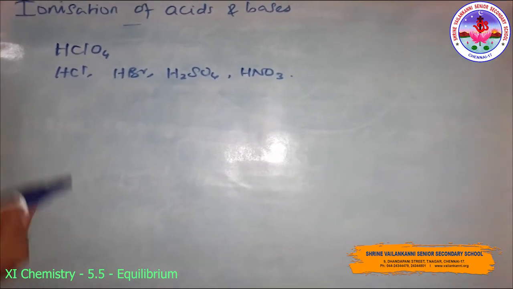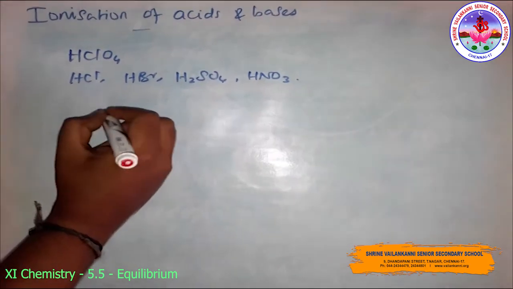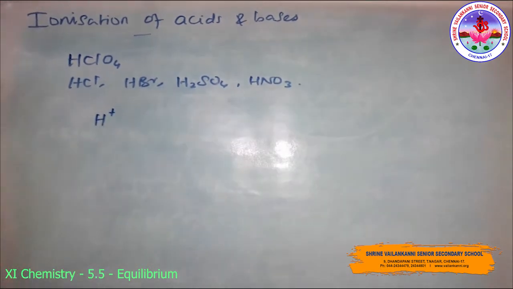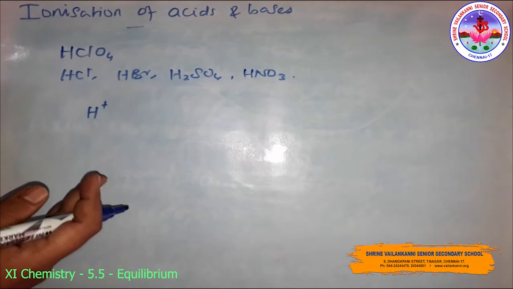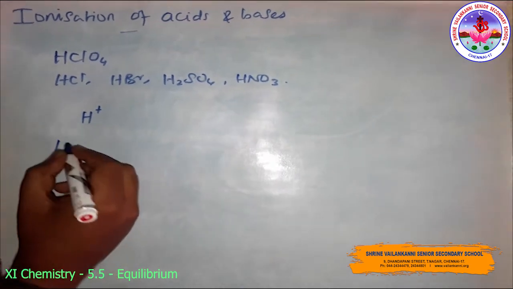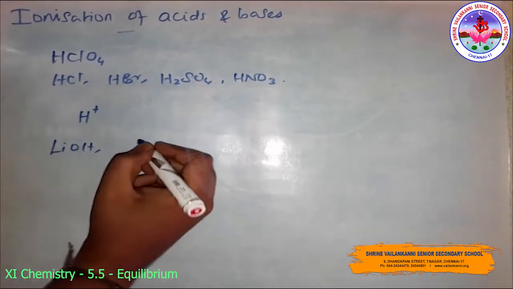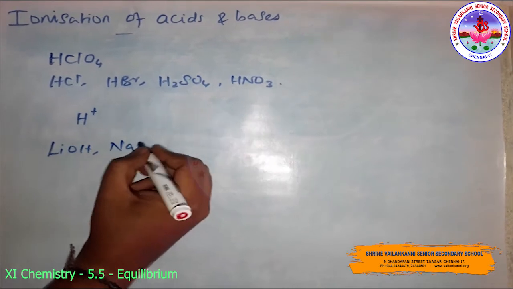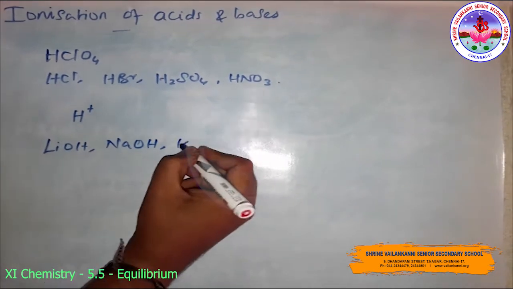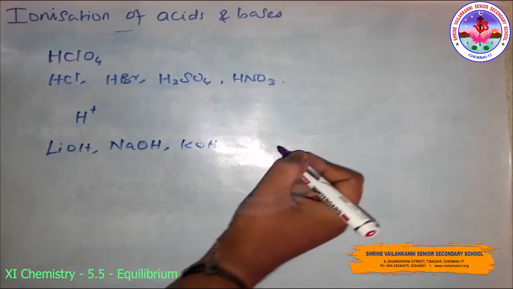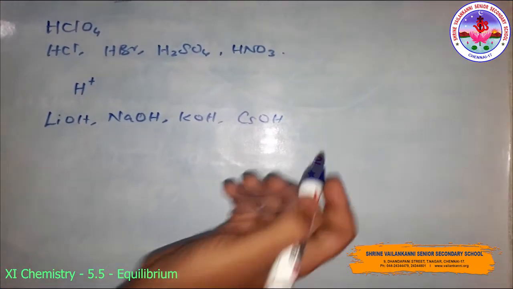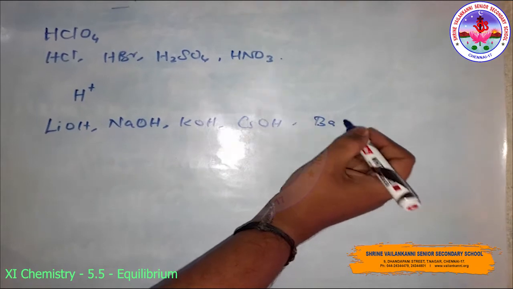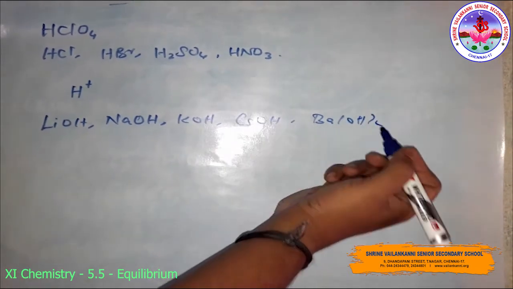Thereby acting as a proton donor, that is HCl gives H plus. Similarly, strong bases like lithium hydroxide, sodium hydroxide, potassium hydroxide, cesium hydroxide and barium hydroxide are called strong bases.